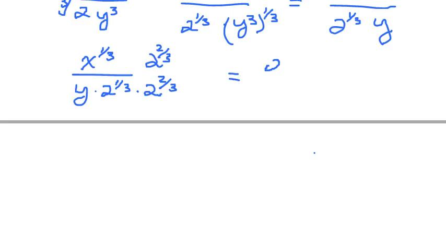So that was the whole idea there. Times x to the 1/3 all over, and of course that's just going to be 2y down here in the denominator.